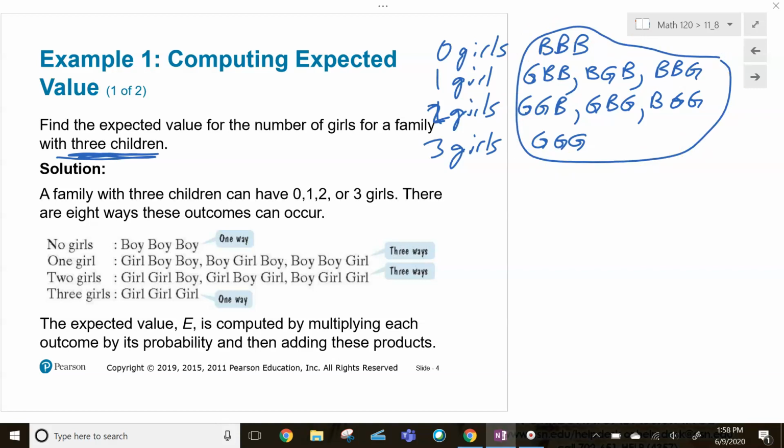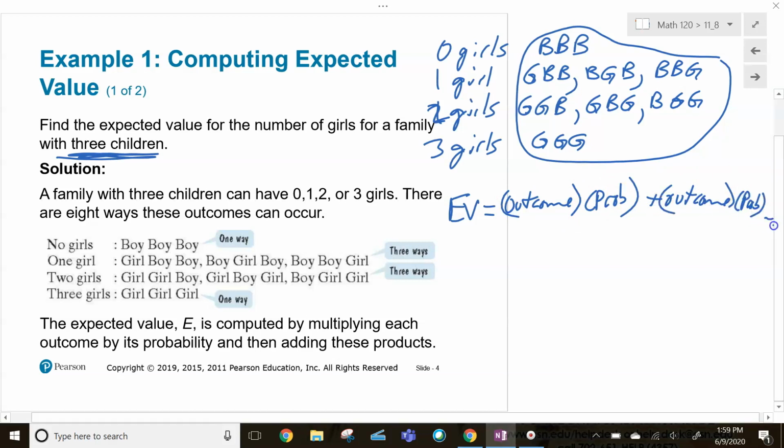So for the expected value of girls, if you're going to have three kids, we consider each situation. Zero is the outcome, so we take the outcome times the probability, and then the next outcome times the probability, and repeat, plus dot dot dot.